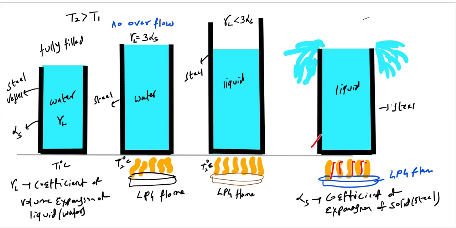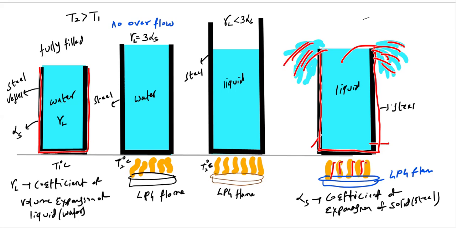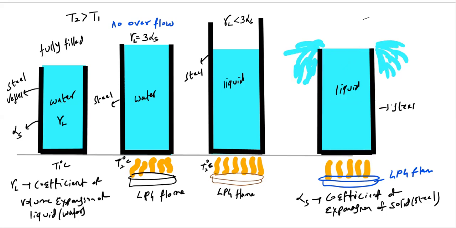Then first the steel vessel will absorb it. Earlier this was the volume of the vessel, now this will be the volume of the steel vessel. Now the liquid will overflow. Then what does it mean? The liquid expanded more than the solid. So here gamma L greater than 3 alpha S.